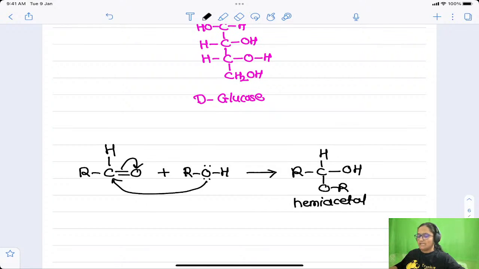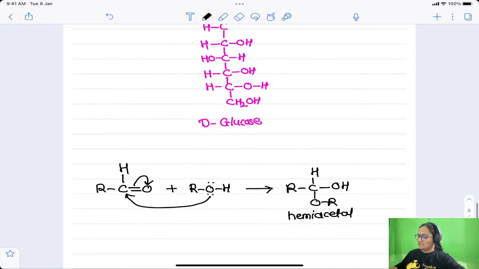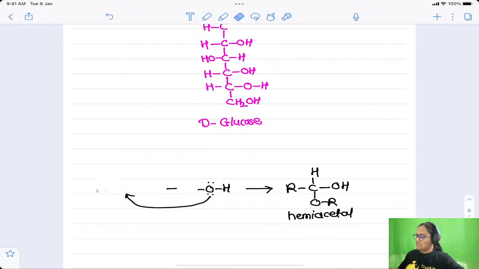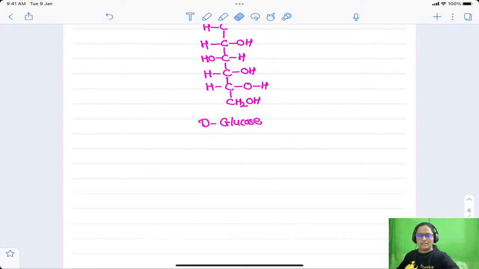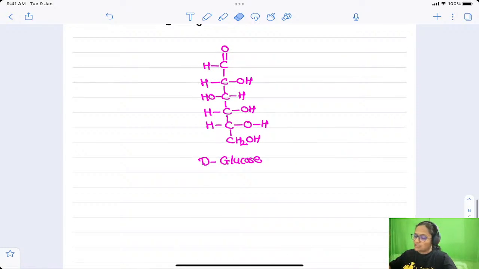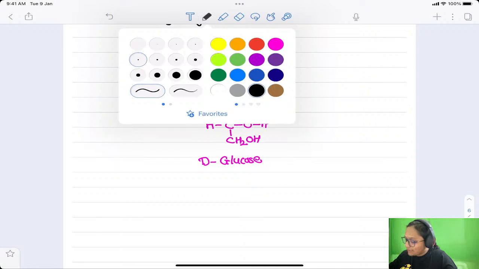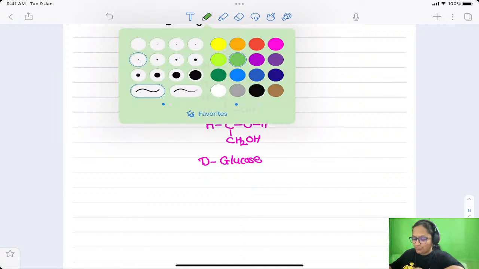Now here the same kind of reaction takes place, but as in this case both the aldehyde and the alcohol are present in the same compound, we will get a cyclic product, right? Because both groups are in the same compound, we get a cyclic product. So let me show you what reaction takes place.